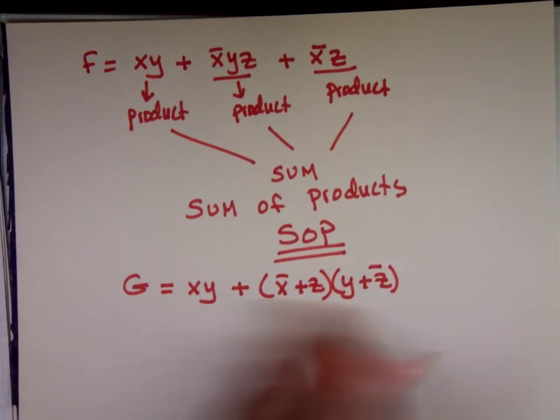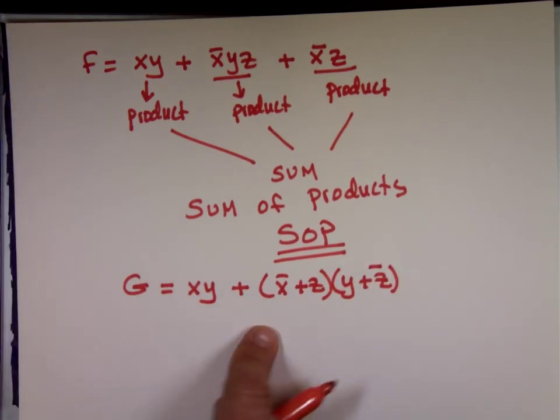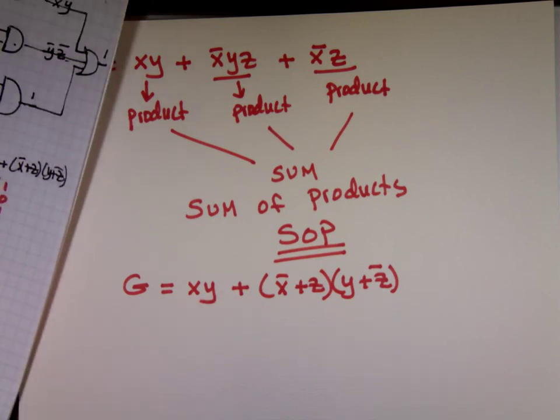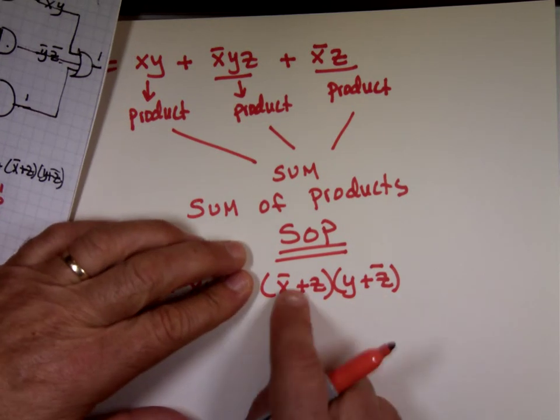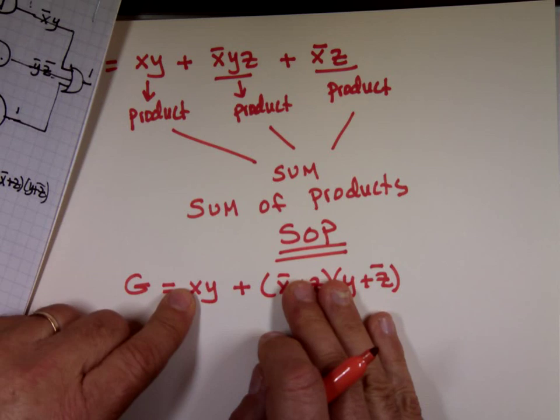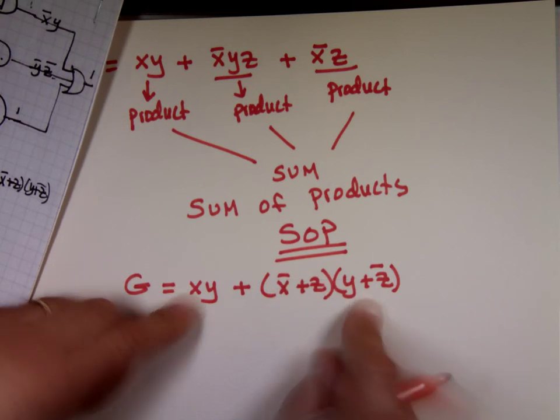They might give you a problem like this: write this as sum of product. It's not a sum of product. This piece alone here is what? These two are product of sums. This and this is what? Sum of product. You have both in one problem.